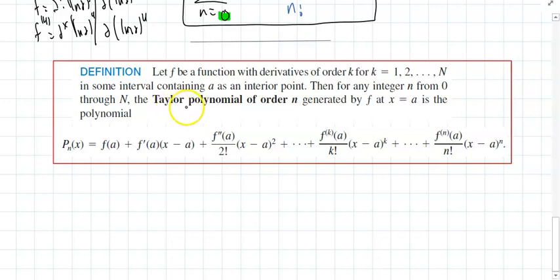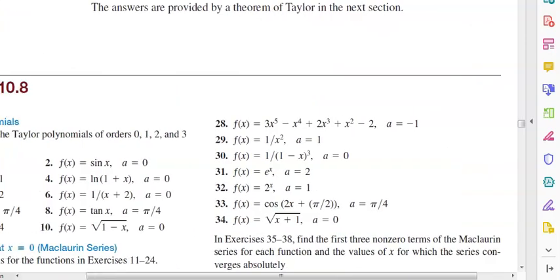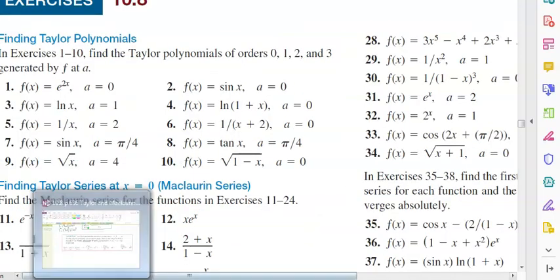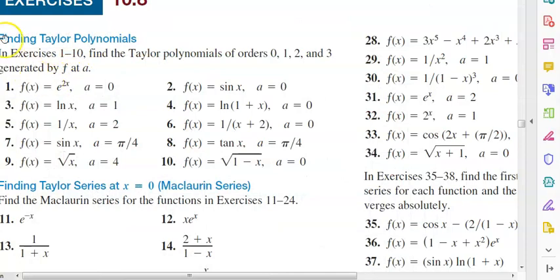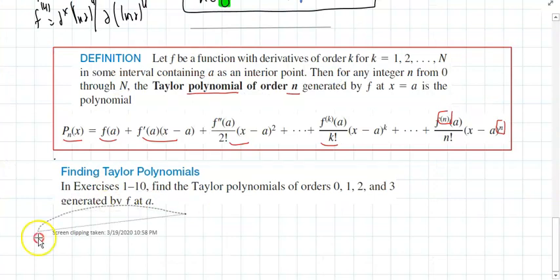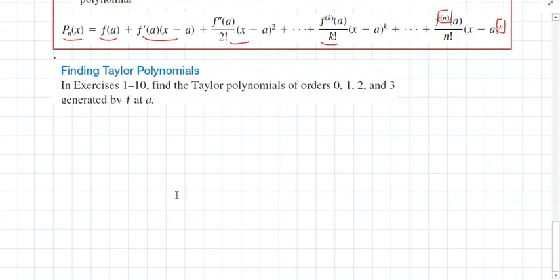If I want to find a Taylor polynomial of order n, well, what's n? Some number. That is f of a, f prime, so it matches, but you stop at n. So if I go back to problems number 1 through 9, which I skipped, it says here, find a Taylor polynomial of order 0, 1, 2, and 3 of f.